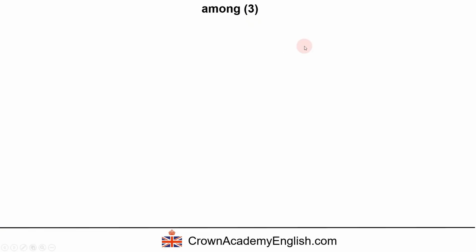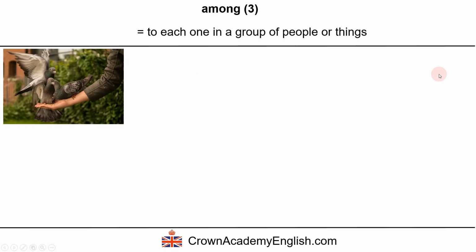And meaning number 3 means to each one in a group of people or things. So we do something to each member of a group of people or things. Here is an example. I don't know if you can see on the photograph, but there is some seed here. There is food on the hand here.